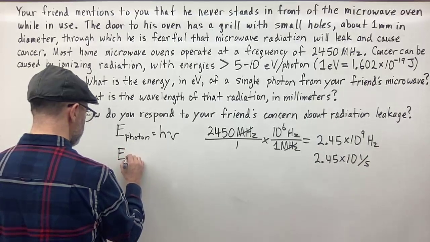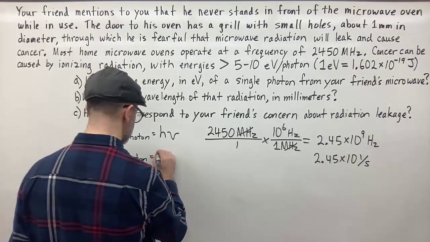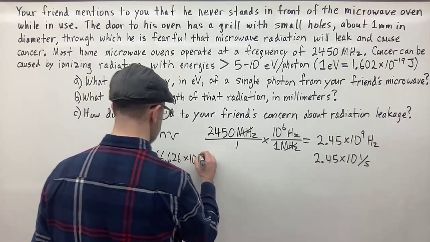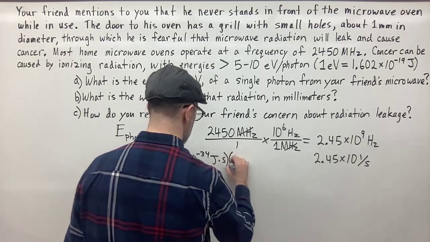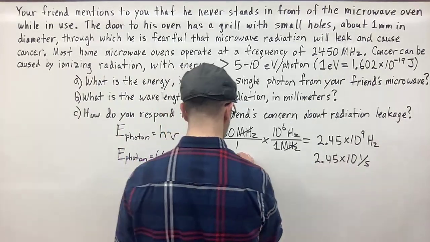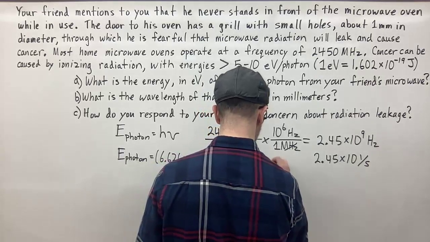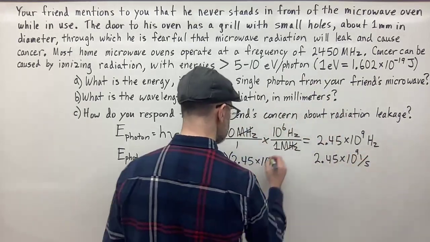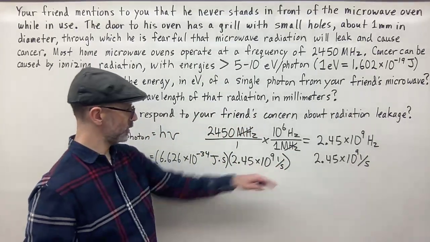So the energy of one photon is equal to Planck's constant, which is 6.626 times 10 to the negative 34 joule seconds, multiplied by the frequency nu, which is what we just calculated: 2.45 times 10 to the 9, oops, I forgot the 9 here, 1 over seconds, or hertz.